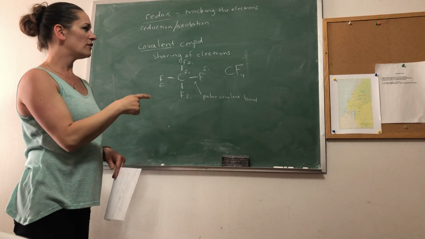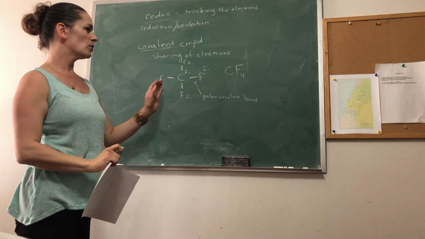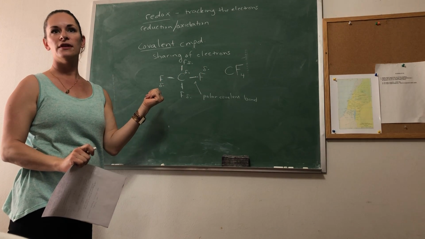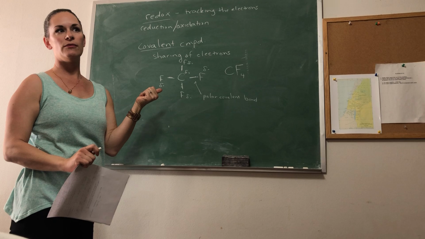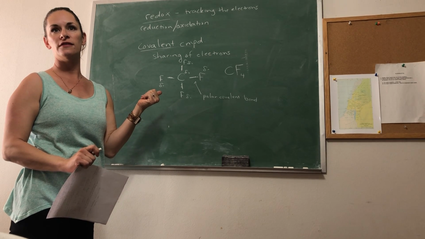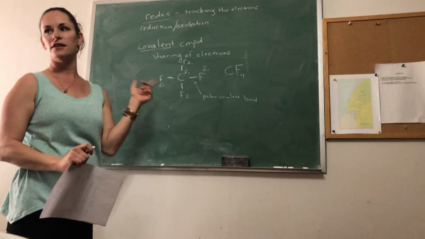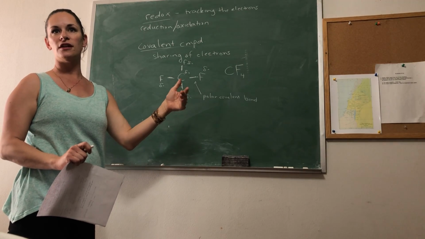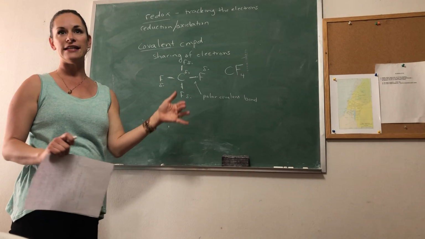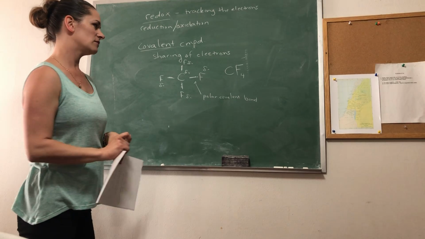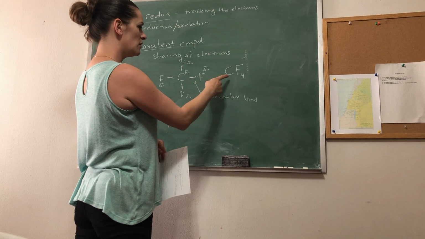When we think of oxidation states, we're going to say that that's completely negative and the carbon's completely positive. It's not actually completely negative and positive, but for oxidation state purposes, we treat it as if it is. Okay? You guys understand the difference between an ion, which has a complete charge, and an oxidation state, which is just an idea or concept to help us understand oxidation and reduction reactions.